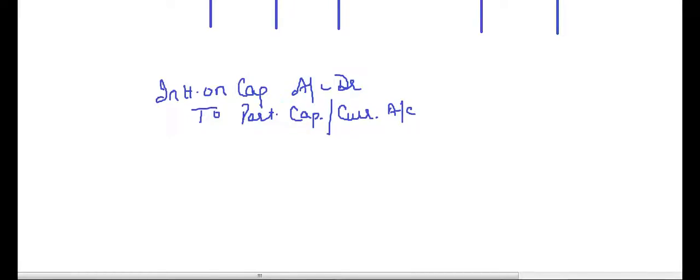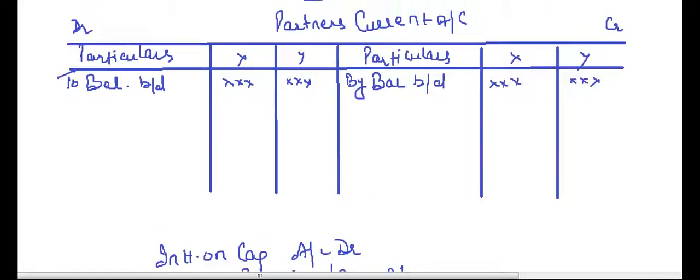So now we are preparing the partners' current account, where we will show the interest on capital on the credit or the debit side. Partners' current account is credited, so we'll show on this side by interest on capital, because it is an income for the partner. Clear?